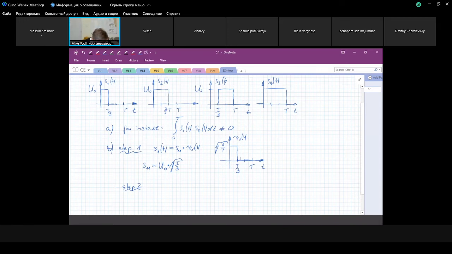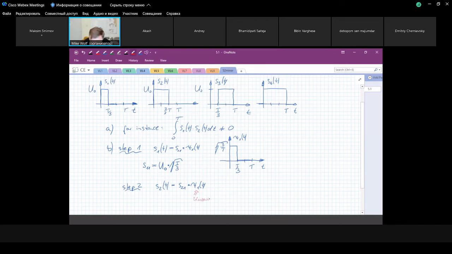So if you see this, now we proceed and simply write S2 of t is S21 times psi1 of t. And now we just indicate this is known.